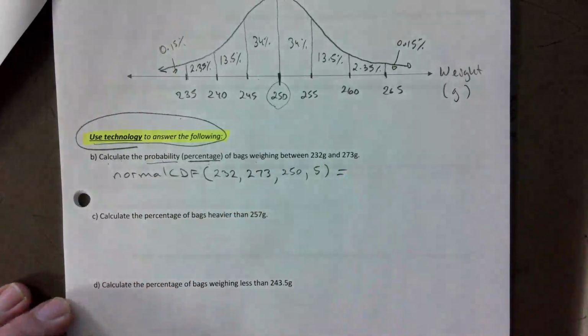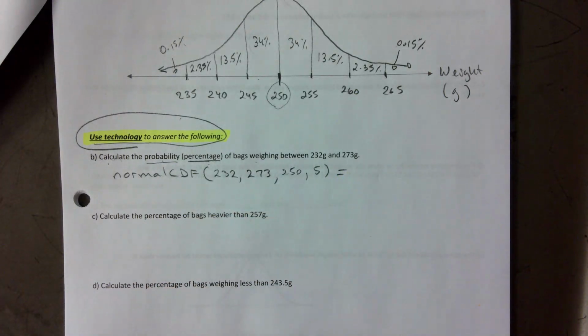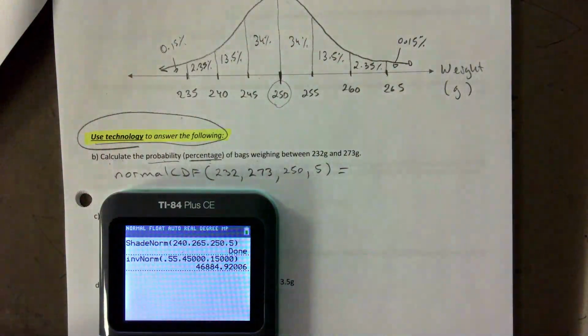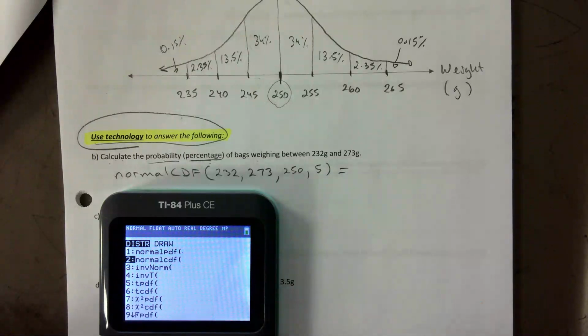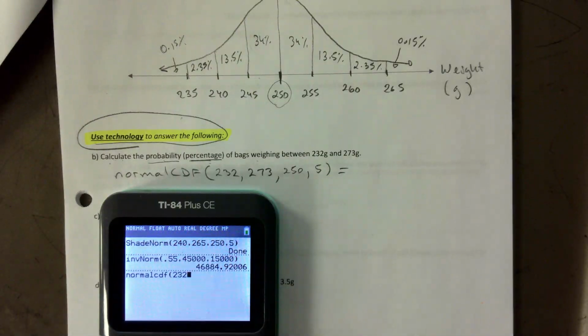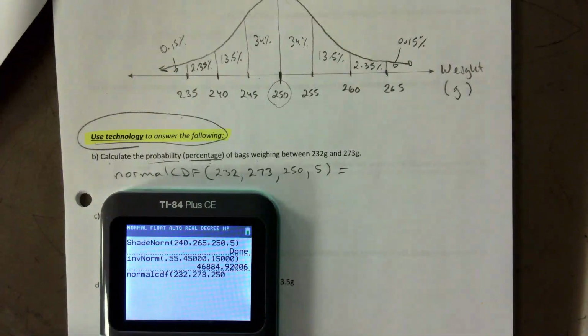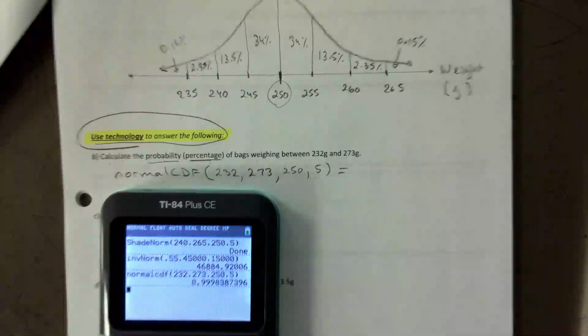So you get a decimal when you do that. 99.98%, right? Does that make sense? Second verse, 232, 273, 250, and 5.